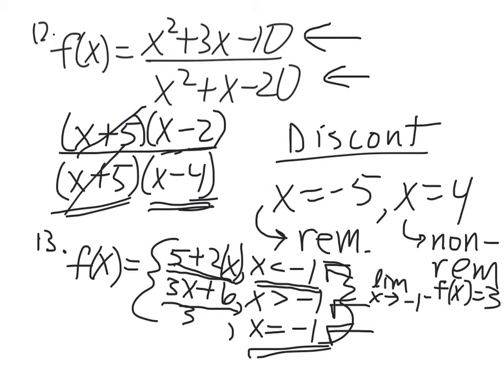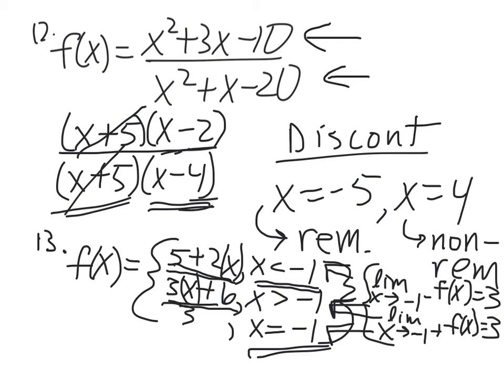And then for this piece, the limit as x approaches -1 from the right, what do we get there? Plug -1 in. It's 3. We also get 3. What's that tell us about these two parts? The limit exists as x approaches -1.